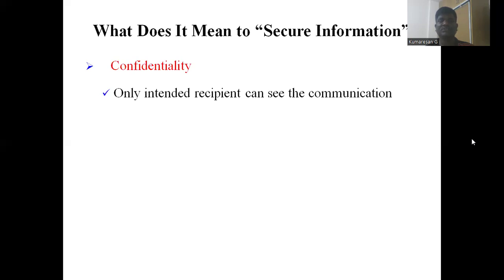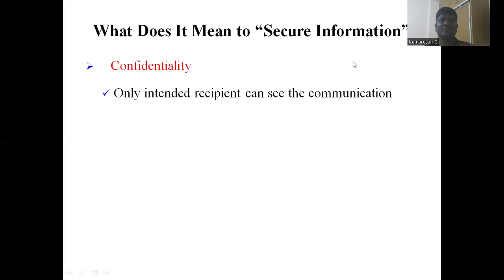If someone is stealing or copying it, our purpose is defeated. So confidentiality is the first principle we need to satisfy. Whenever we send confidential information, only the corresponding receiver should see it.